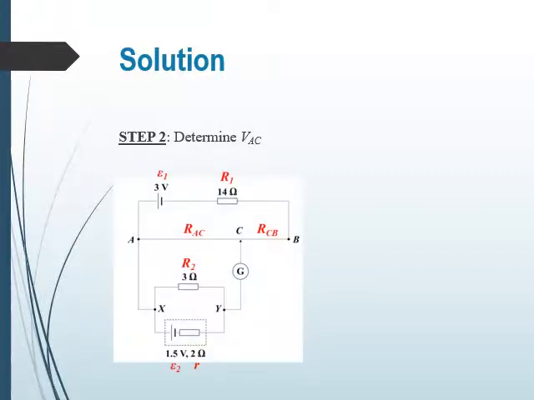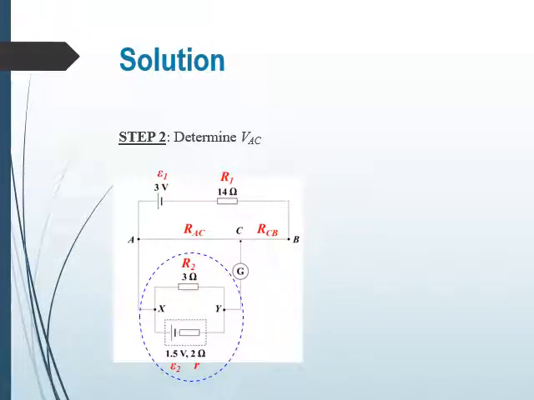So let us look at the diagram. How are we going to determine VAC then? Well, since VAC and VXY are parallel to each other, we can determine the value of VAC by determining the value of VXY. To determine the value of VXY, we are going to focus on the lower loop.